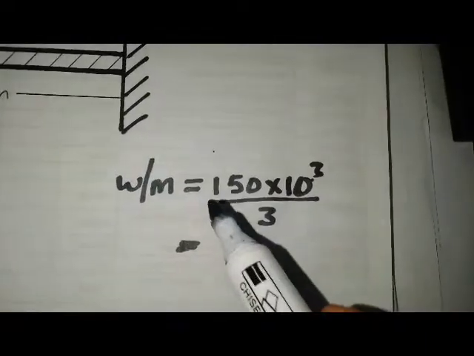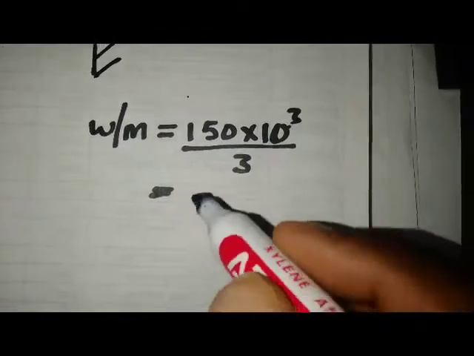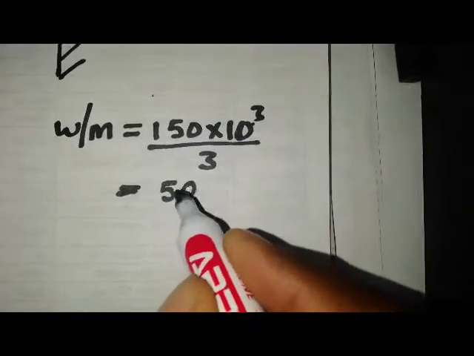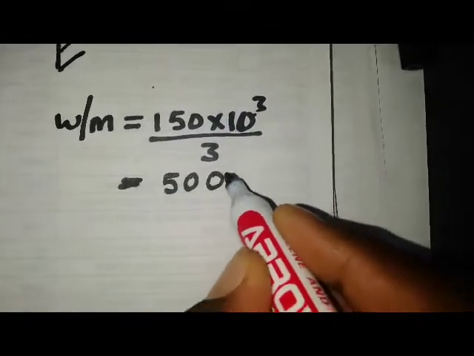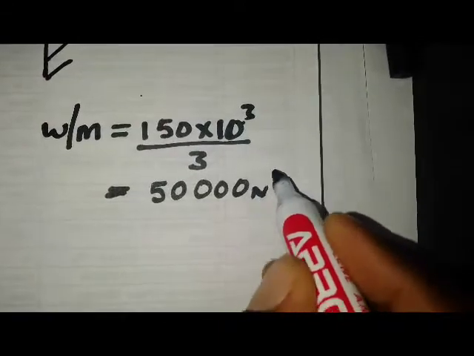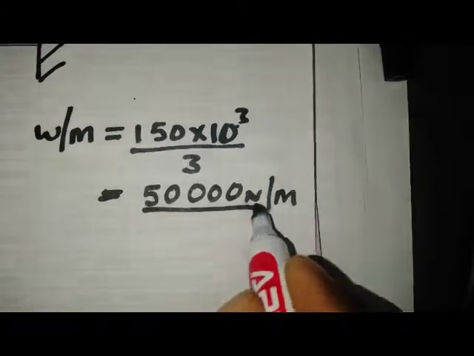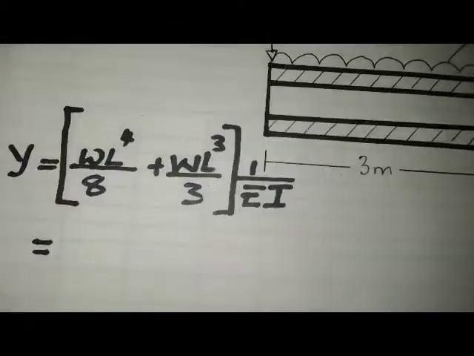So 150 divided by 3 is 50, so we get 50,000 newtons per meter.